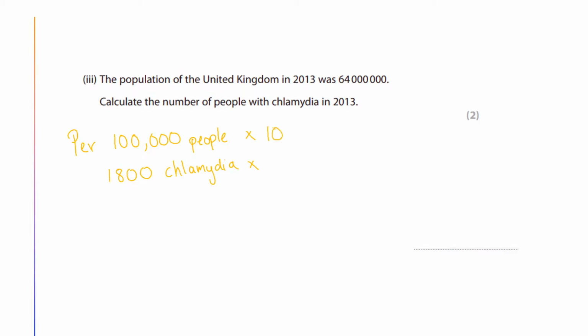So multiplying that by 10 gives 1 million, and 1,800 times 10 equals 18,000. Now we need to multiply it by 64.